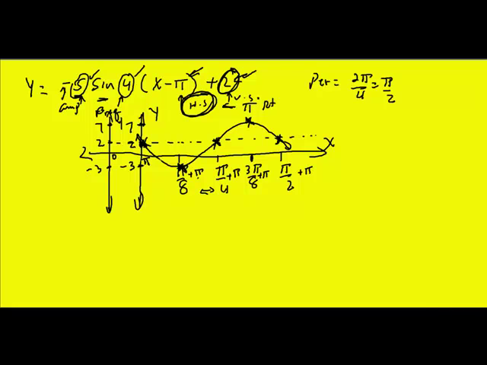So the old y-axis I had, I'm going to erase, because it would be too confusing to have 2 y-axes. I'll erase that, and there it is. And I've shifted everything pi units to the right. Instead of starting at 0, it starts at pi.